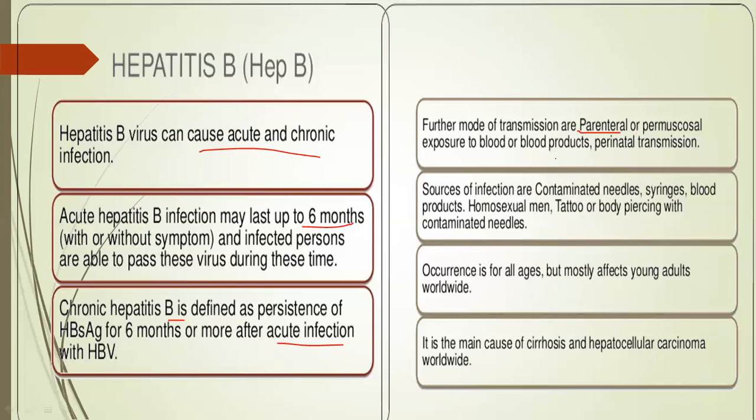It can also be transmitted through blood products, contaminated needles and syringes, homosexuality, tattooing, and body piercing, which can lead to hepatitis B. It can affect all stages, and can lead to cirrhosis and hepatocellular carcinoma worldwide.